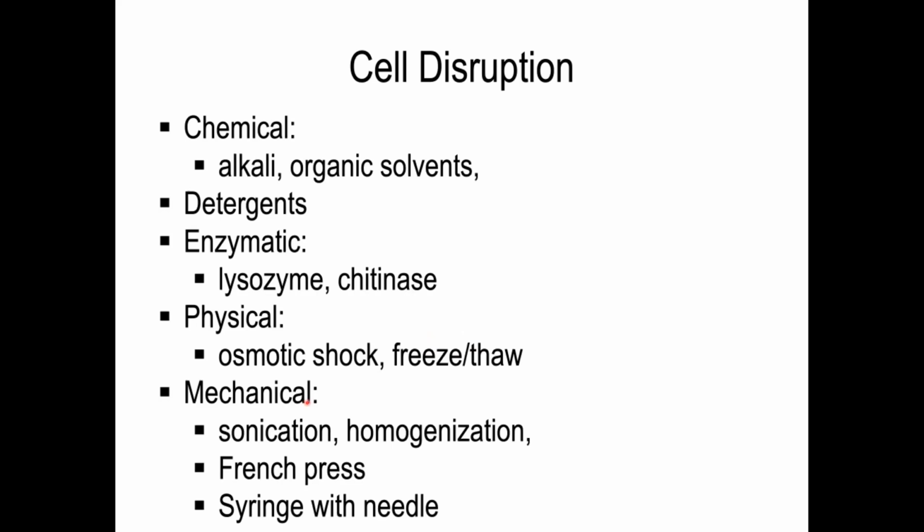There are mechanical options like sonication, homogenization with rather simple devices like syringes, which I will show you, with different needle sizes. For large amounts, there is the good old French press that maybe some of you might have used already. I will explain the principle later. You can use it also for bacteria to break them up when you use bacteria as protein factories, so to say, and syringes with needles.